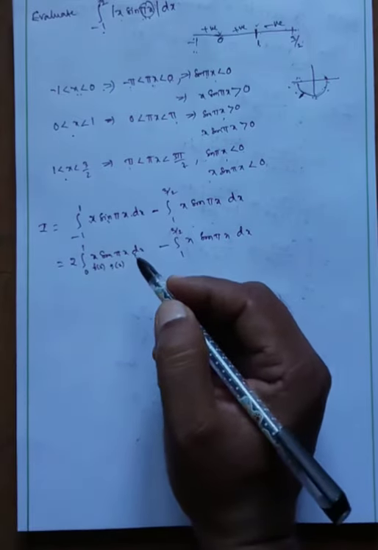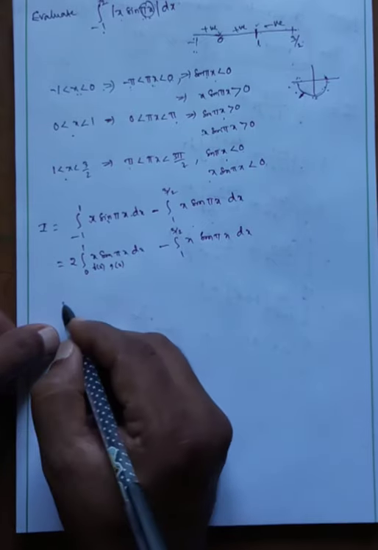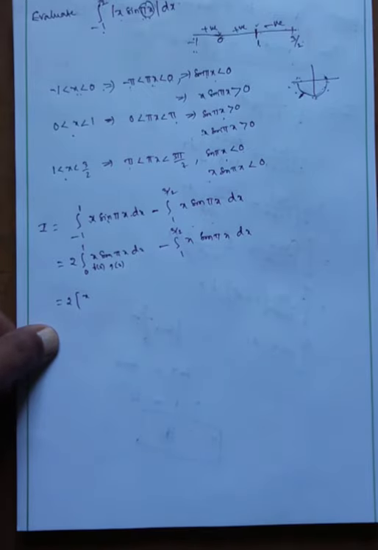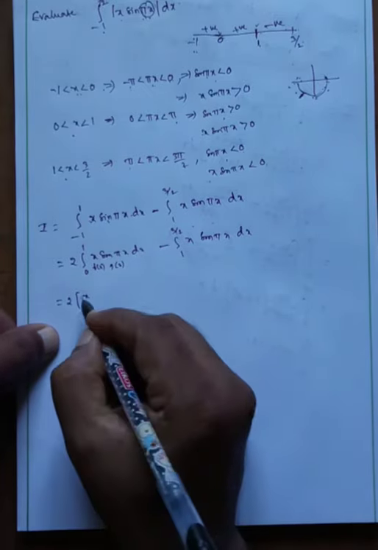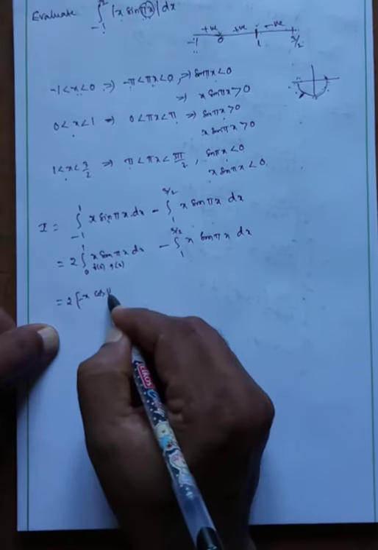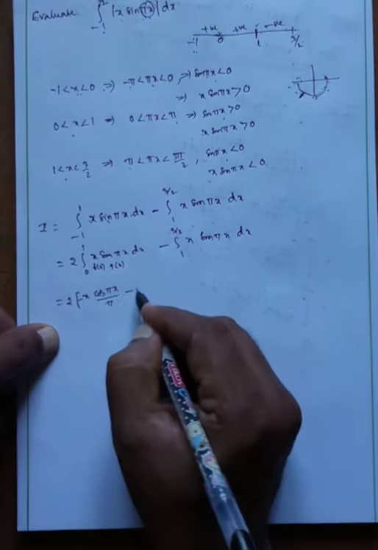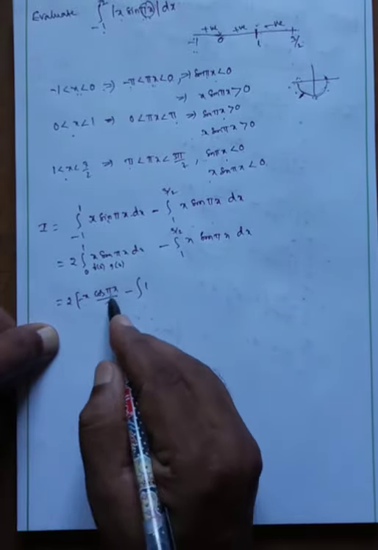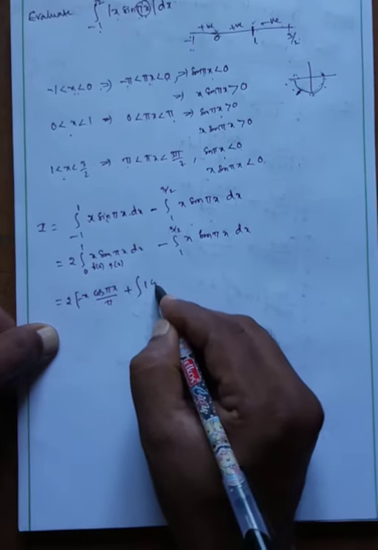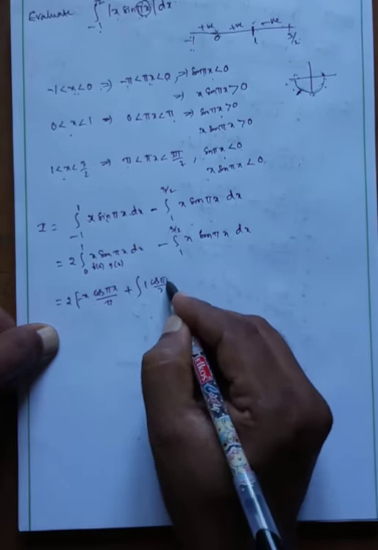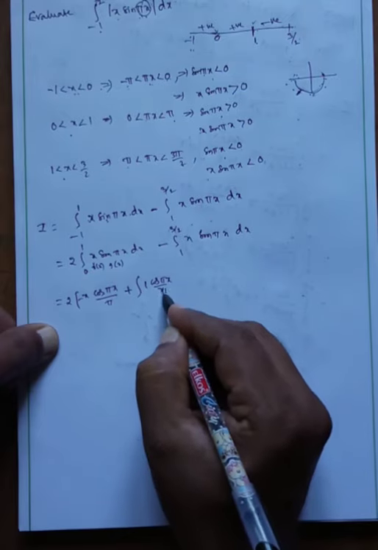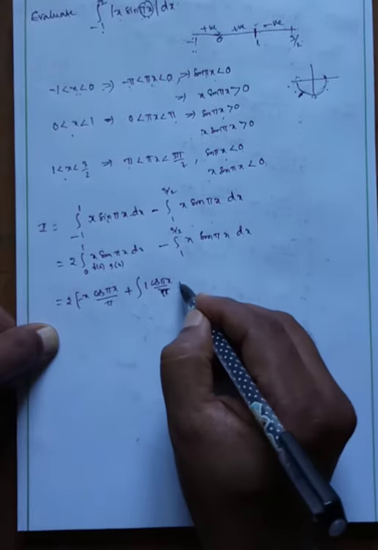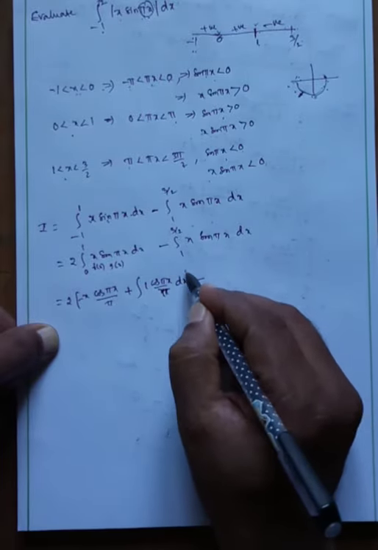Slowly we will do it: first f of x into the integral of sin pi x, which is minus cos pi x by pi, minus the integral of the derivative of x, which is 1, into the integral of sin pi x, which is minus cos. Already a minus is there, so it becomes plus cos pi x by pi. Now I am writing, no problem, after that the integral from 0 to 1 with dx.